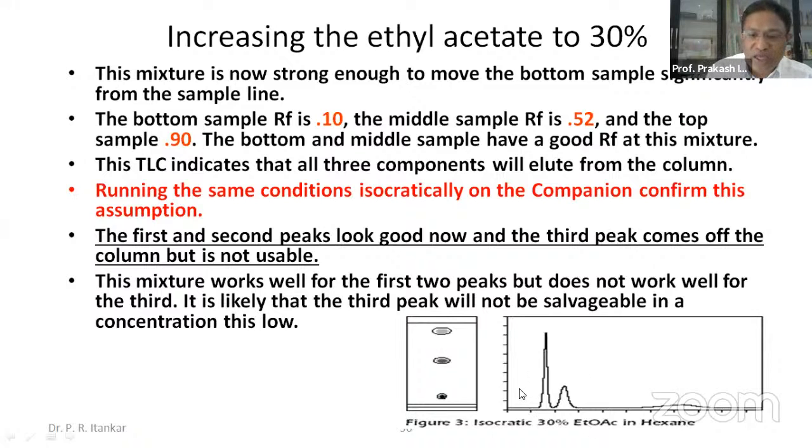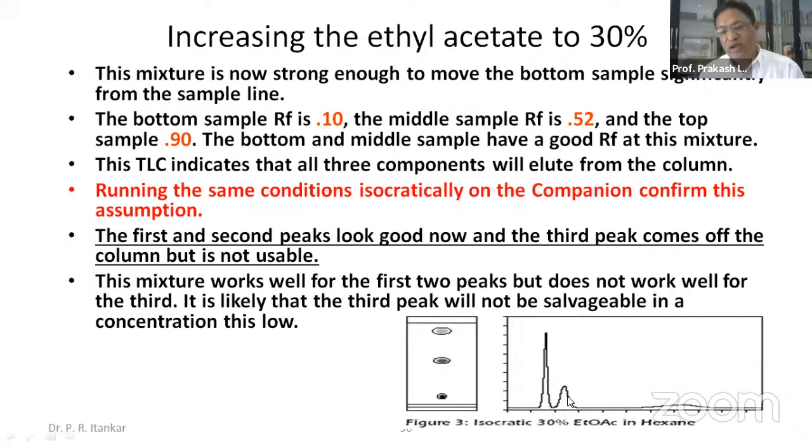Now, you cannot increase the ethyl acetate much, because the first spot, which was moving towards the solvent front, is almost reaching the front. So 0.9 is its RF value, 0.1 is the bottom, and 0.52 is the second spot. The first and second peaks look good now, and the third peak comes off the column but is not usable.